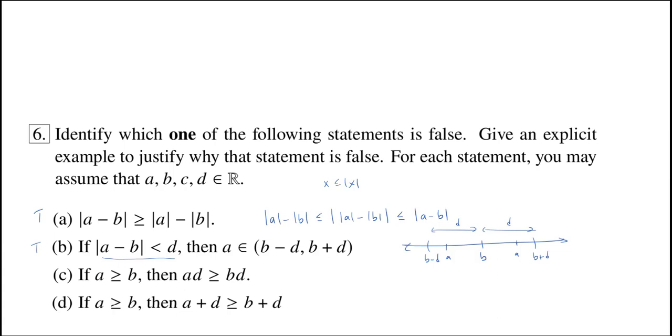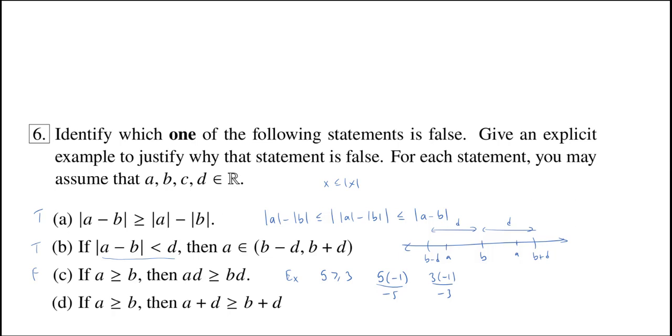So this is going to be false, and as an example, I know that 5 is at least 3. And if I multiply 5 by -1, well, I get -5. And if I multiply 3 by -1, I get -3.